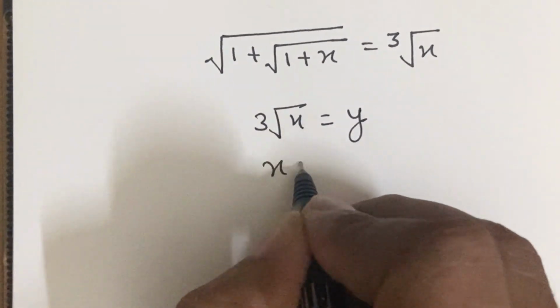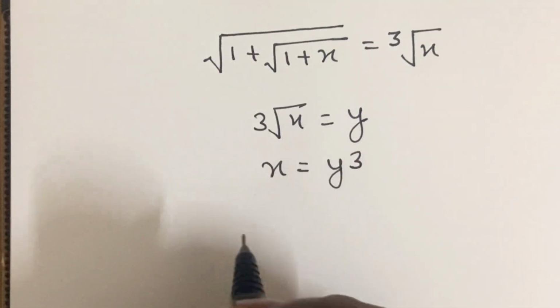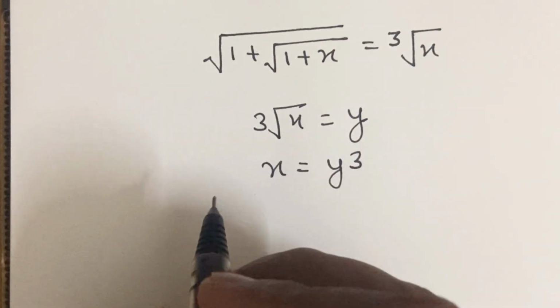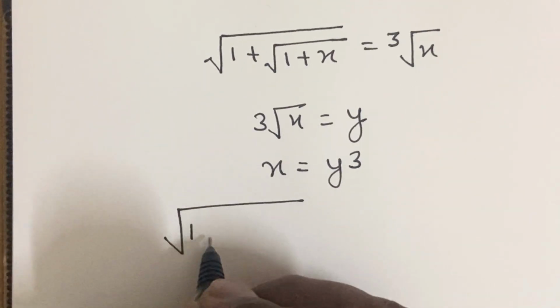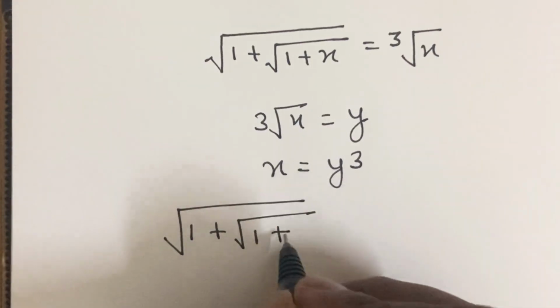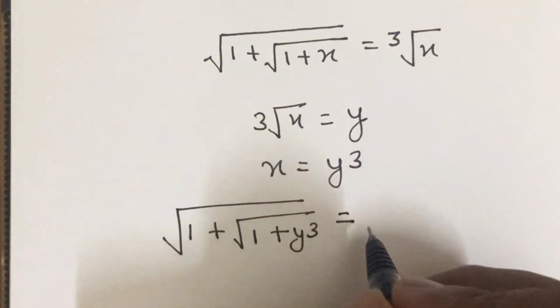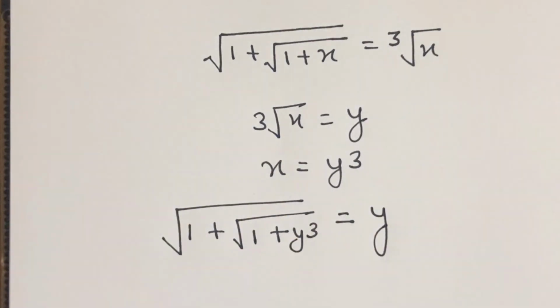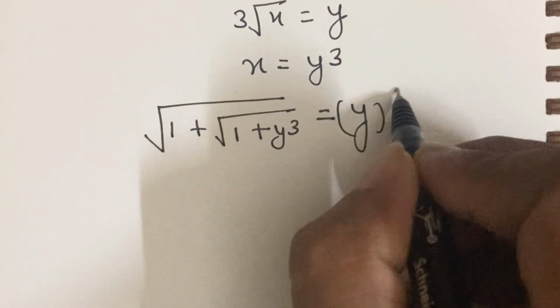So x equals y cube. So by this our equation will change to square root of 1 plus square root of 1 plus y cube equals y. Now square on both sides.